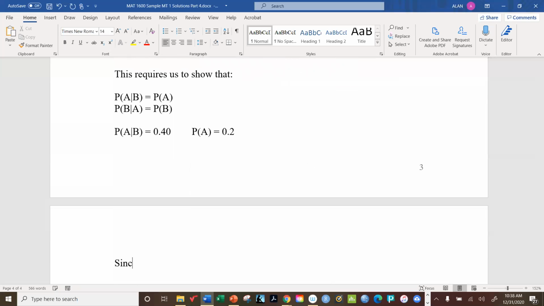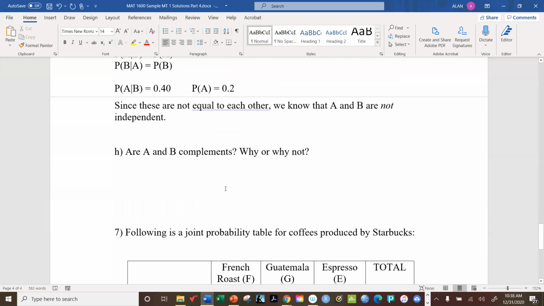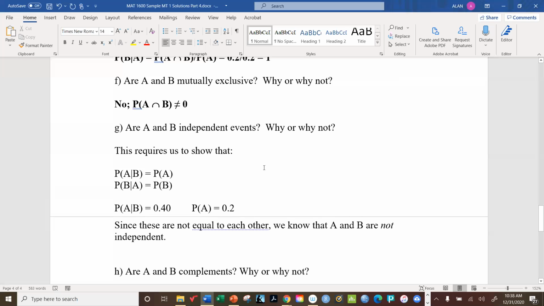So since these are not equal to each other, we know that A and B are not independent. Okay, so in other words, both conditions must be true for this to have independence. The first one is false. Therefore, we're done. A and B are simply not independent.